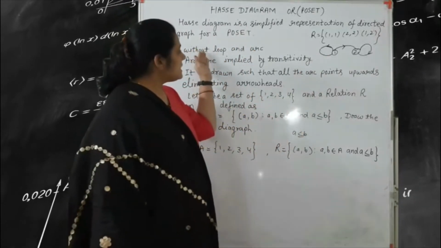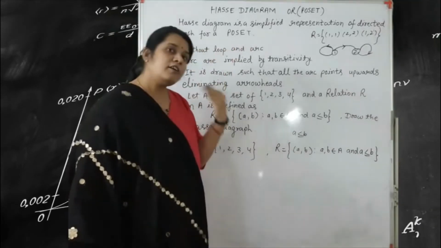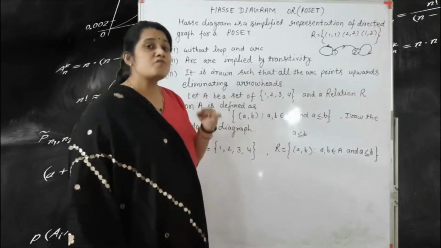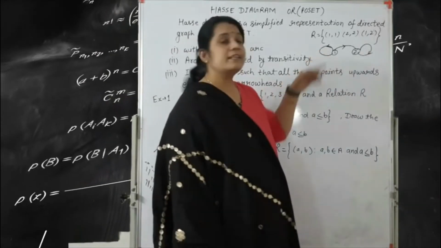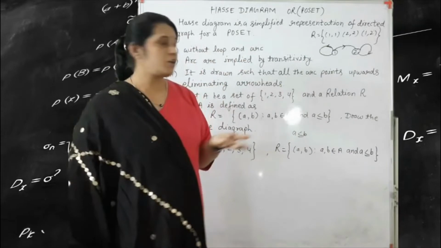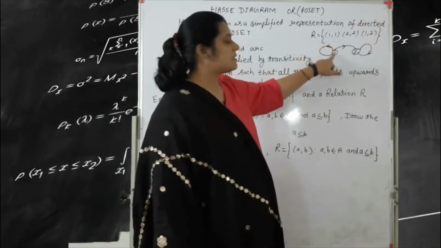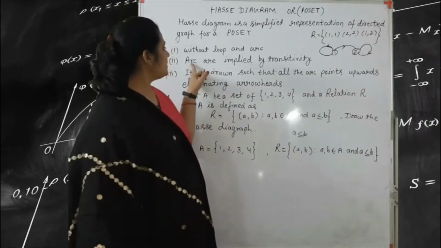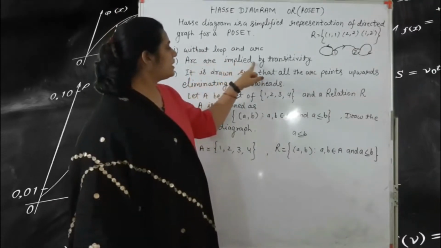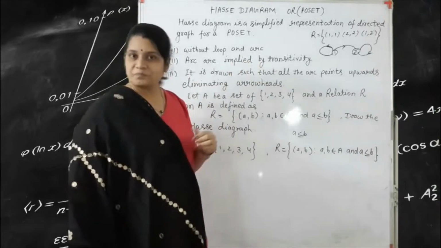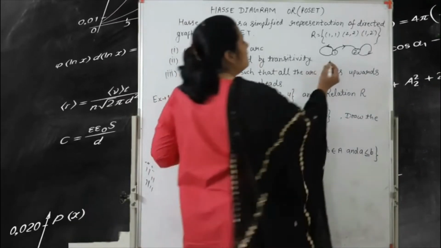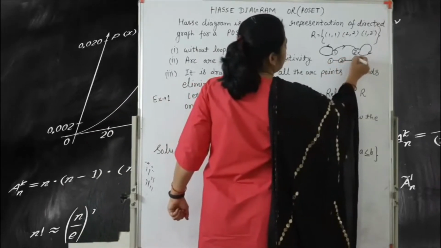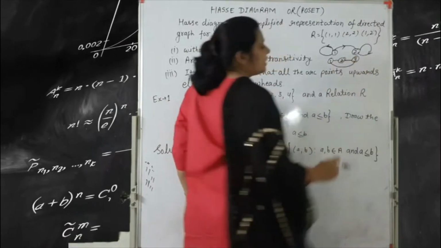So this relation already satisfied the reflexive relation, so why do we draw the reflexive a second time? Because we already know it satisfies the reflexive relation. Okay. Second one is arcs implied by transitivity. For example, we draw 1 to 2 and 2 to 3, and again we have 1 to 3.